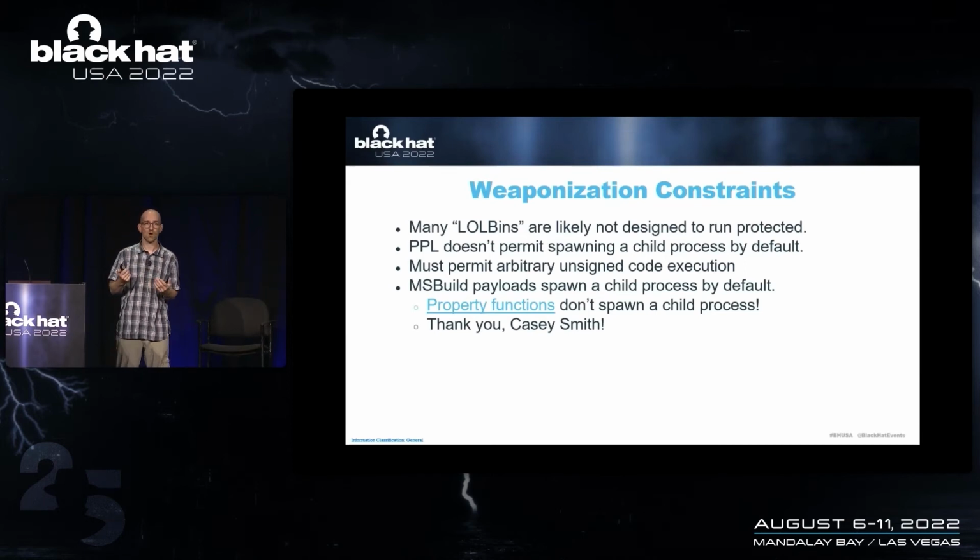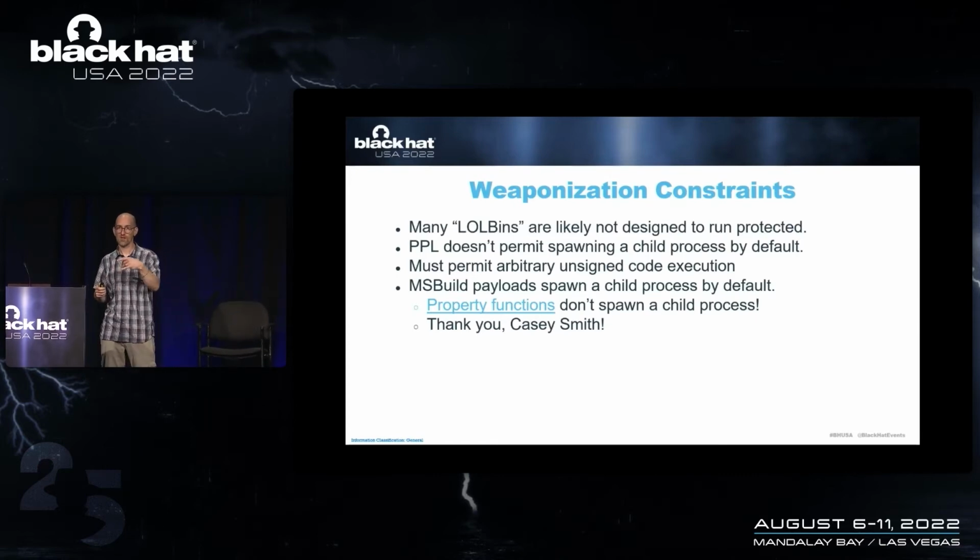If you just call the CreateProcess API from the context of the protected process, it's going to fail. You have to supply a specific flag to CreateProcess to actually allow that. But these LOLBins are not going to be supplying that flag. And when you execute code and abuse MSBuild, part of the artifacts of that is there's a child process. It calls the C# compiler, assuming you're supplying C# code to execute. So it spawns that process. That wasn't allowed. So this broke for me when I was trying to weaponize it.